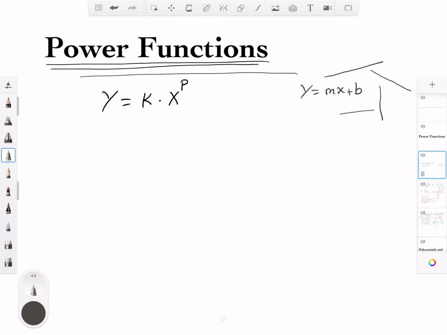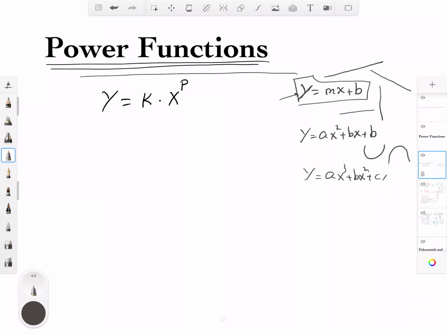The graph of a quadratic we learned is a parabola, concave up or concave down. For a cubic, we learned it is a chair. It looks like this. And for exponentials like e to the power of x, we learned it is exponential growth like that, or sometimes decay if x is negative.